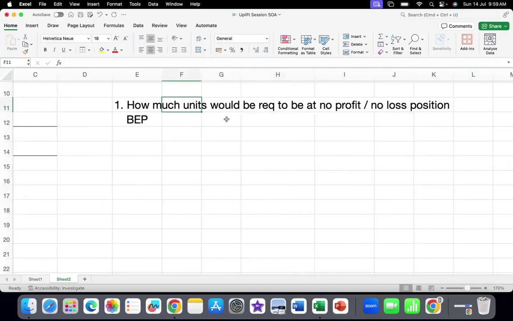You started a project, so how many units do you need to sell to make sure that you're not at profit and not at loss, so you are at zero profit? This is called BEP in units.